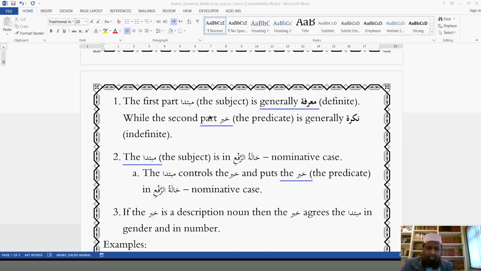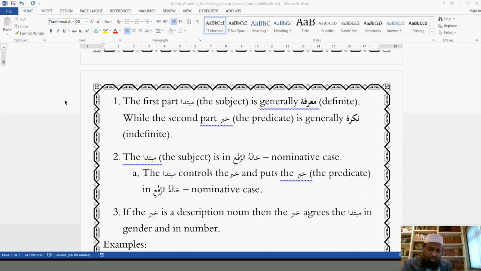While the second part, Khabar, is generally Nakira. So it can be the other way around. The Mubtada sometimes can be Nakira. The Khabar sometimes can be Ma'rifah. Later on we will look at those possibilities, when Mubtada can be Nakira and when Khabar can be Ma'rifah.